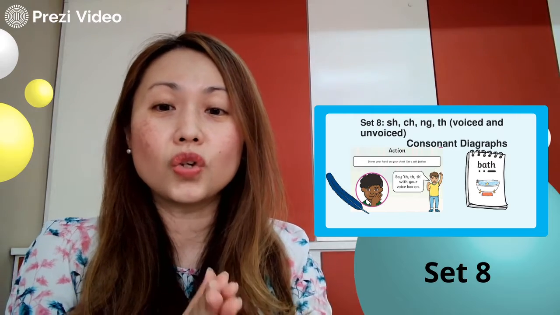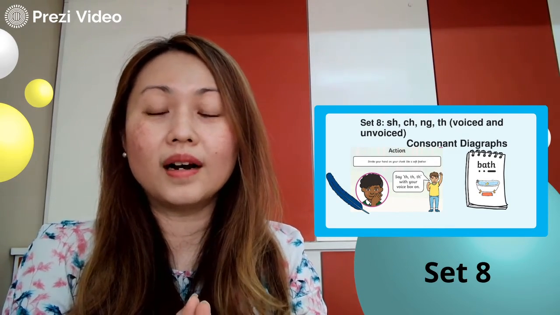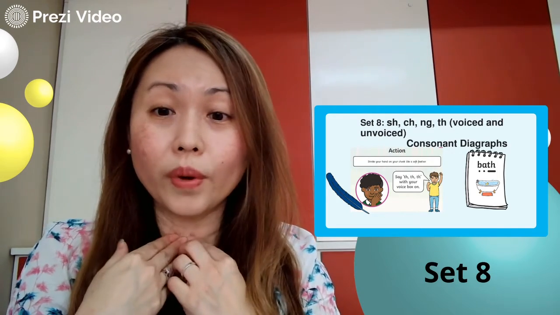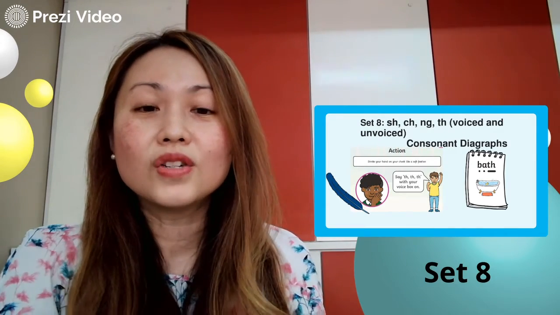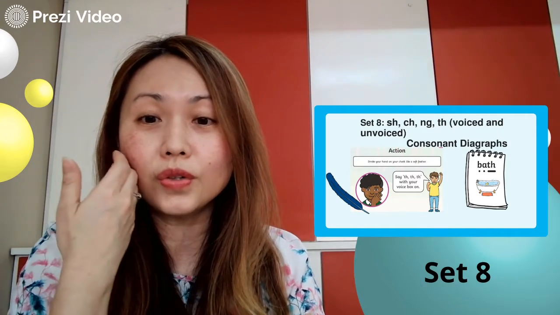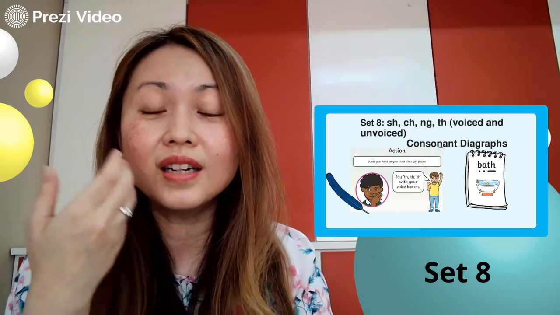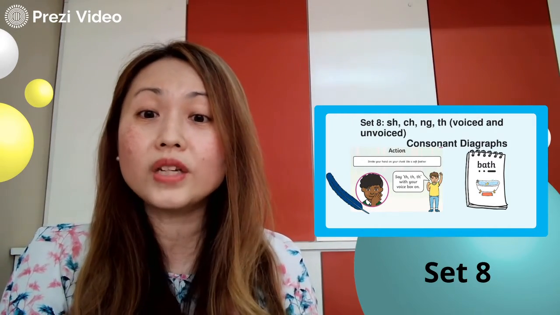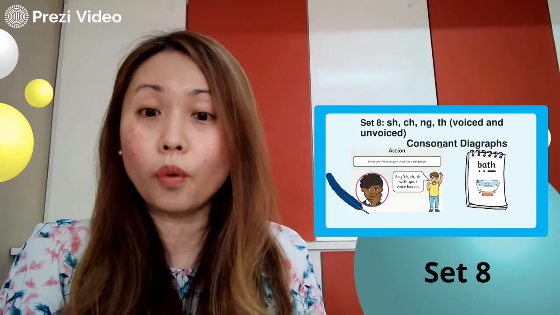So with words like bath or feather, bath has an unvoiced th, and then feather. You can introduce a very tactile movement when you do feather. How would a feather feel on your face? This is another fun way to introduce the difference in sound for your child.